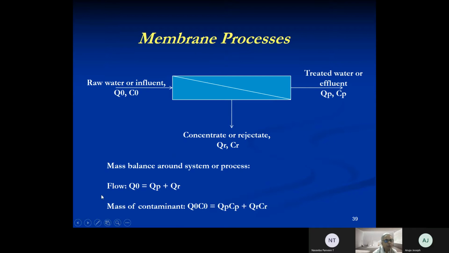So the mass balance around water gives Q0 equals QP plus QR. I also want to do a mass balance for the salts, to look at the efficiency of the membrane in removing them. C0 is the TDS in the raw water, so Q0 C0 is the input. The output is QP CP plus QR CR.